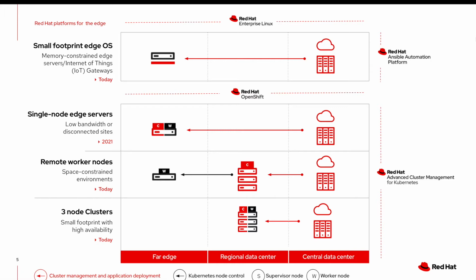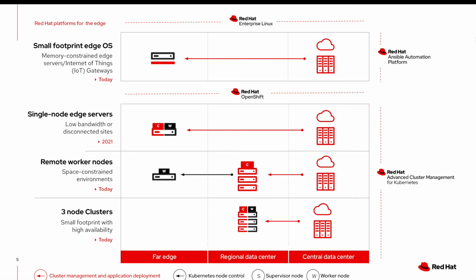Soon, OpenShift will even have a single node use case that may be a fit for low bandwidth and/or disconnected sites. For those environments that are dealing with space constraints and/or small form factor edge devices, Red Hat Enterprise Linux becomes an interesting option, specifically Red Hat Enterprise Linux for Edge. The remainder of this presentation will focus on the capabilities provided by Red Hat Enterprise Linux for Edge.